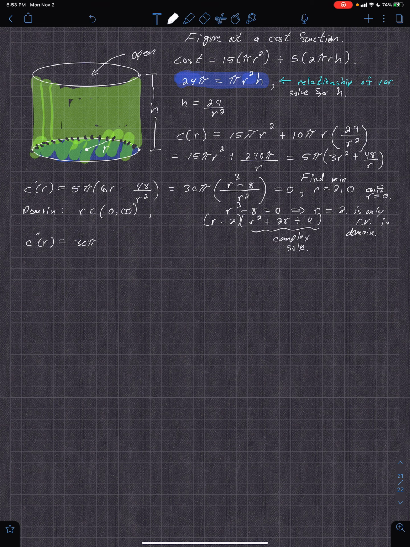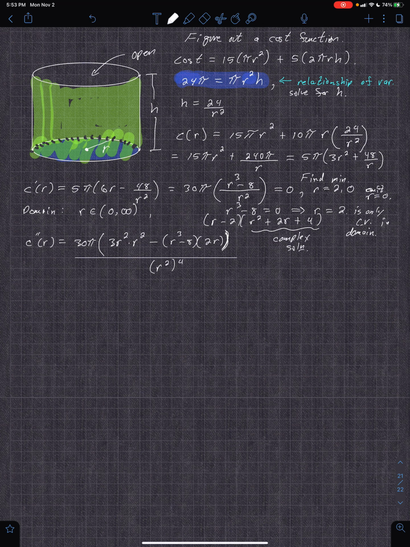But anyway, you get 30 pi, so derivative of the top times the bottom minus the top times the derivative of the bottom all over the bottom squared.